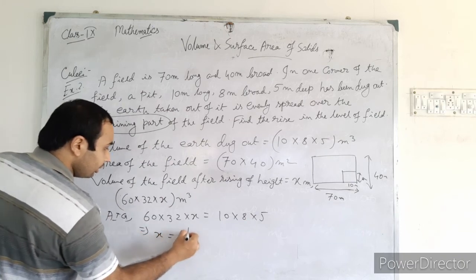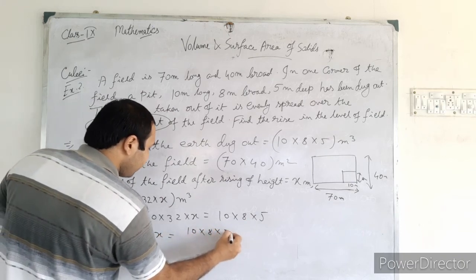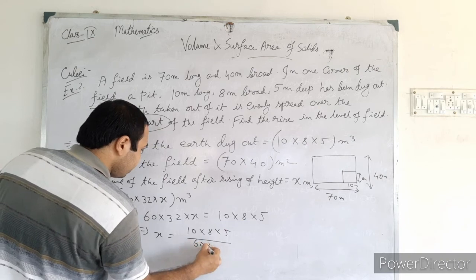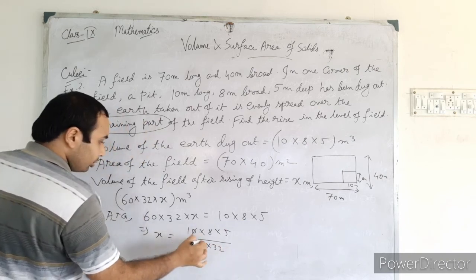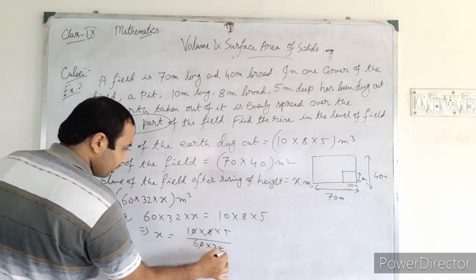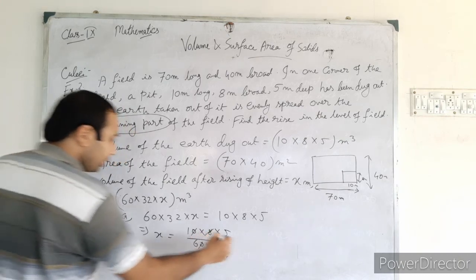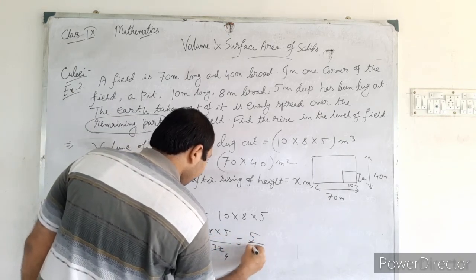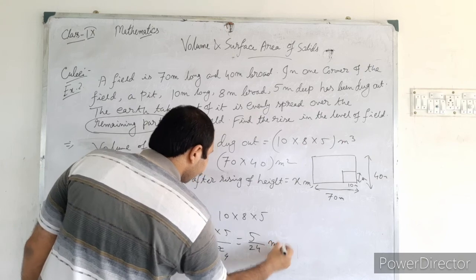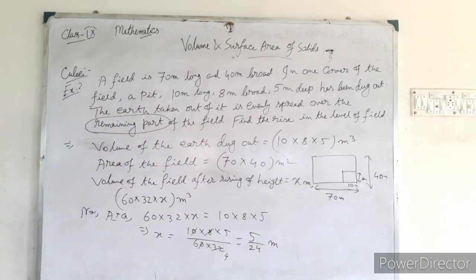So x will be 10 into 8 into 5 by 60 into 32. So we are getting 5 by 24 meter. You can do it in decimal form also, or you can keep it like that. So the increase in height will be 5 by 24 meter.